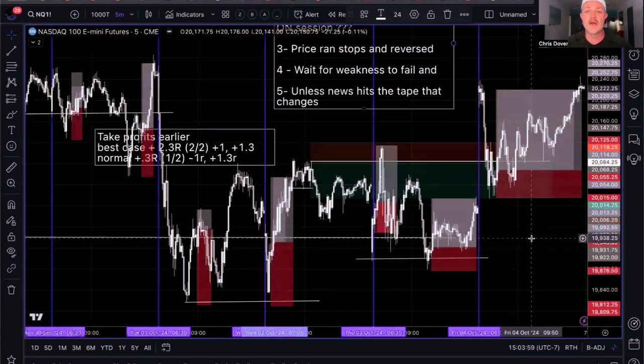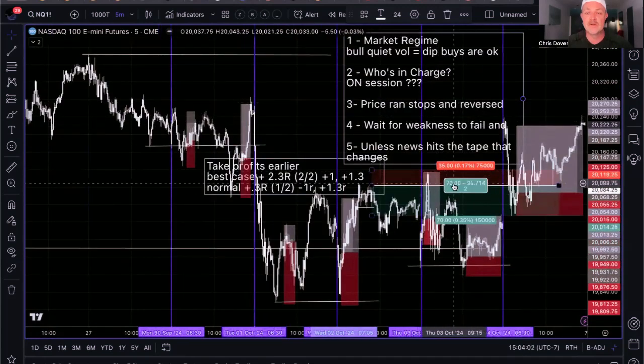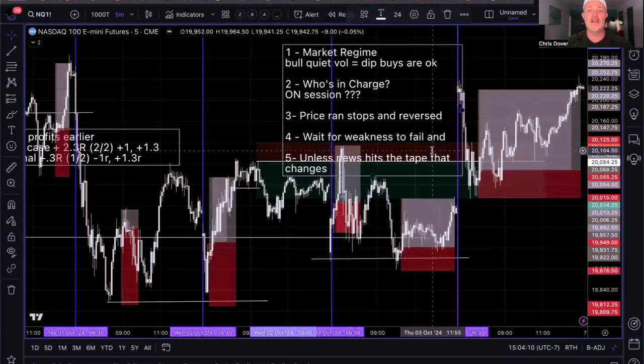What I've done here is I've gone and got some ideas. This is why we're so good. I've now got an idea, an intuition, a way that I can categorize the market, and something that I could turn into code, or have an LLM turn into code for me to test. For every market regime that's bull quiet, if you screenshot the trades and dump them into ChatGPT, it'll see the charts, you tell it what to do, and it'll build you some software for that, or you can just code it yourself.